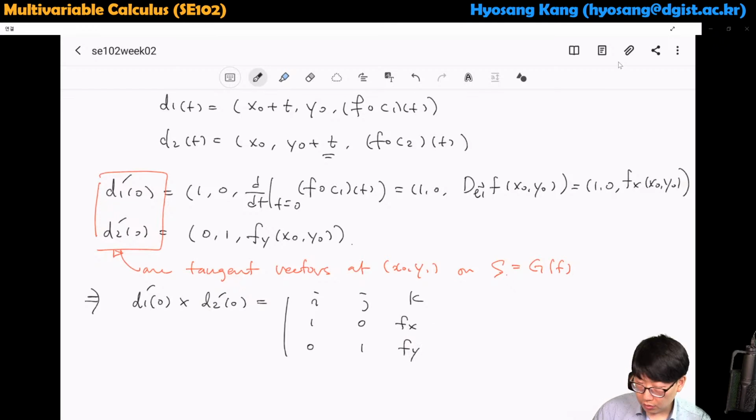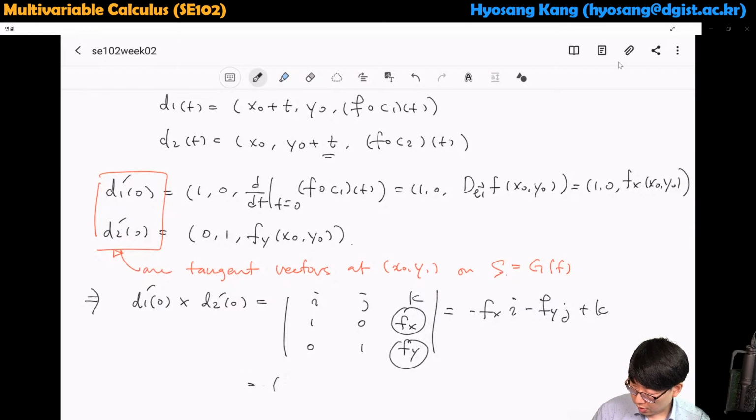I omitted x0 and y0 for simplicity, but they should be there, because fx and fy are scalar numbers. So for the y part, we have minus fx i, minus fy j, and k is just k.